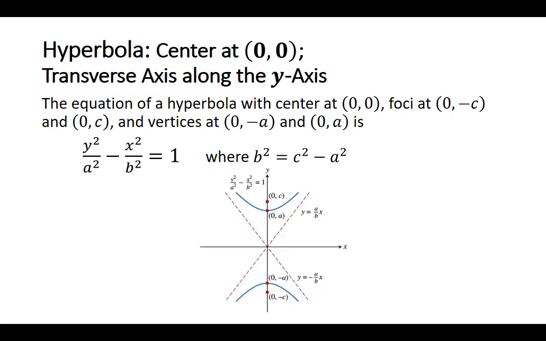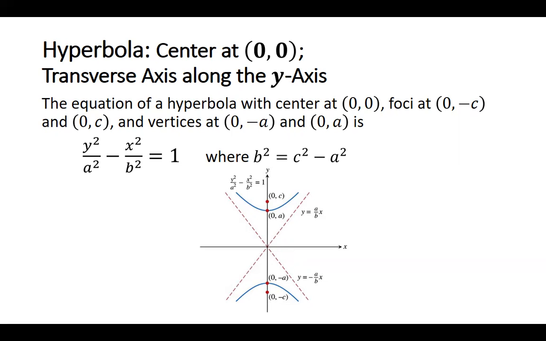Now, again, as I pointed out with the ellipse, notice that a tracks with, in this case, the transverse axis, right? So you're always going to have something over a squared minus something over b squared. So a squared is always going to come first, but what goes over it is going to depend on your transverse axis.